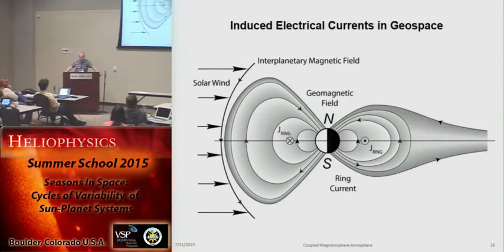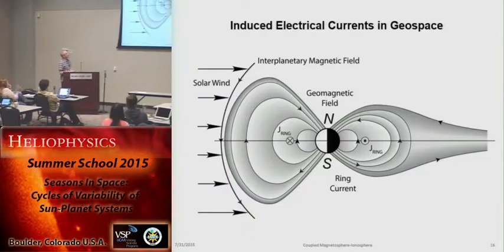One of the important current systems is the so-called ring current. This is a current that flows around Earth. As you see here, if you look down on the North Pole, it would be going around like this, I think in a clockwise sense. Out of the plane on the night side, into the plane on the day side.